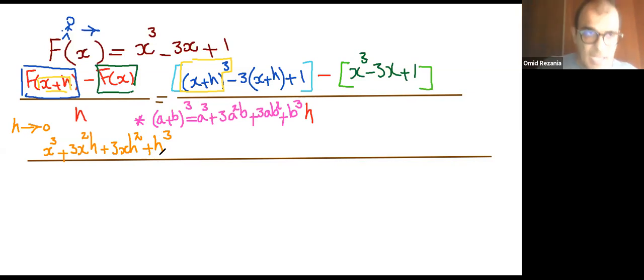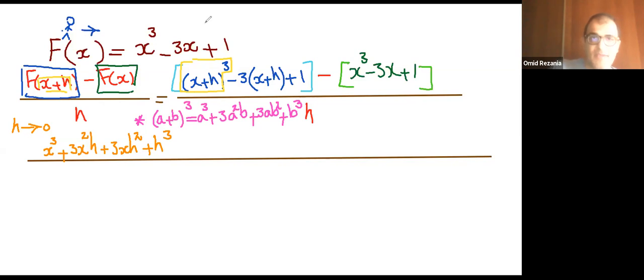You see, I didn't do much except I knew this identity. You can memorize this identity and apply it anywhere when you see two terms that are coming to the power 3. It becomes the first term to the power 3 plus 3 times the first term to the power 2 times the second term, plus 3 times the first term times the second term squared, plus the second term to the power 3.